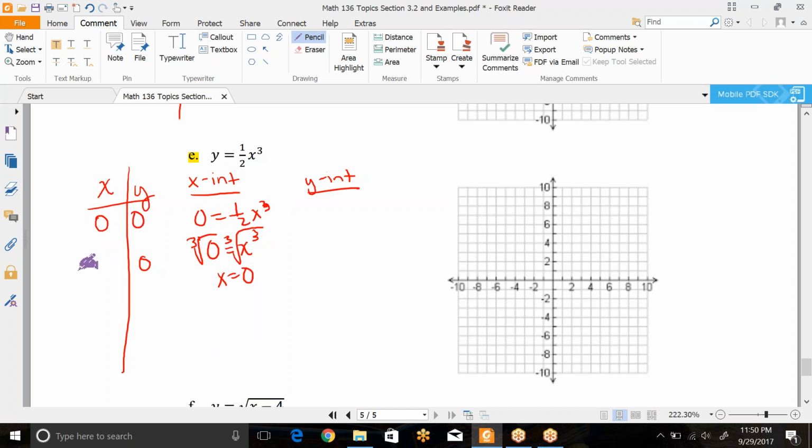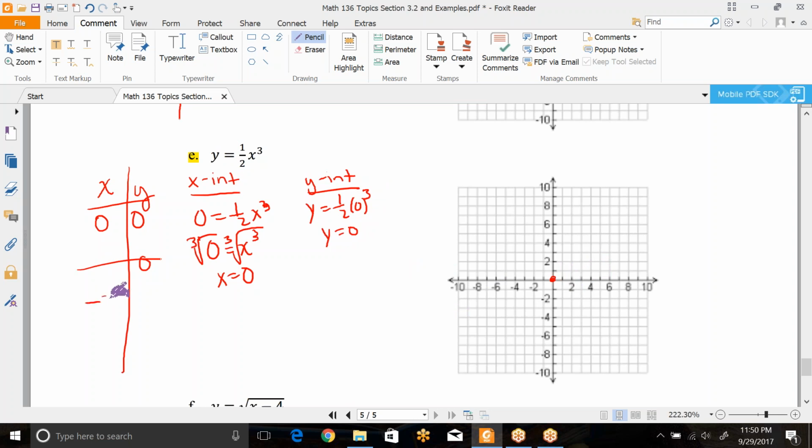So that's just going to be 0, 0, which means I really don't need to solve this other part. Because if the origin is one of your x-intercepts or y-intercepts, it's also the other one. So it's also 0, 0. So that gives me 1 point. So see, that doesn't help me graph this.